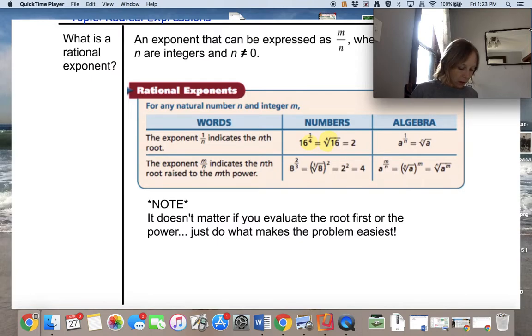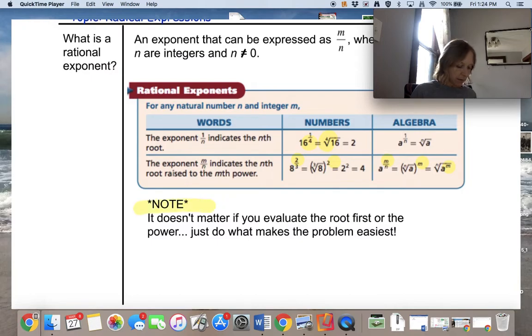Where the numerator comes from, if you look at the second one where I have the 8 to the 2/3, it comes from the exponent in the radicand. That exponent could be outside the parentheses, or it could be underneath the radical symbol. It can come from either place.